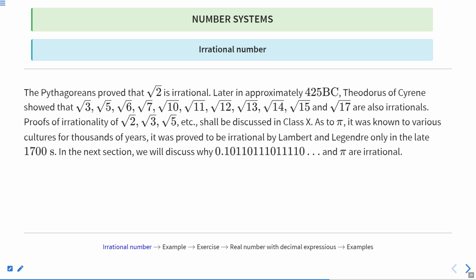As to pi, it was known to various cultures for thousands of years, but it was proved to be irrational by Lambert and Legendre only in the late 1700s. In the next section, we will discuss why 0.1011011101110... and pi are irrational.